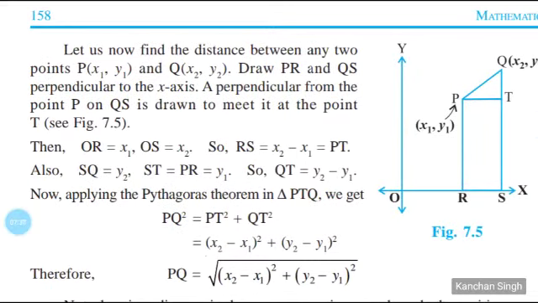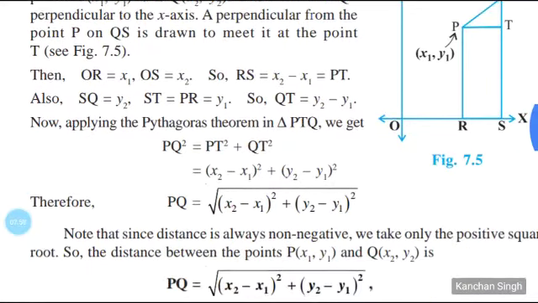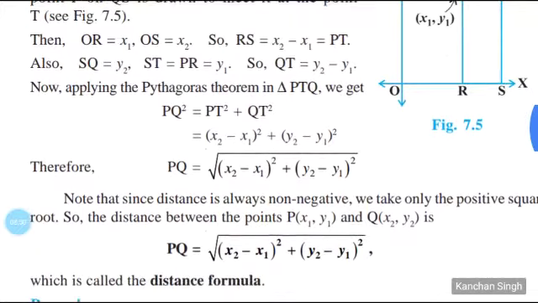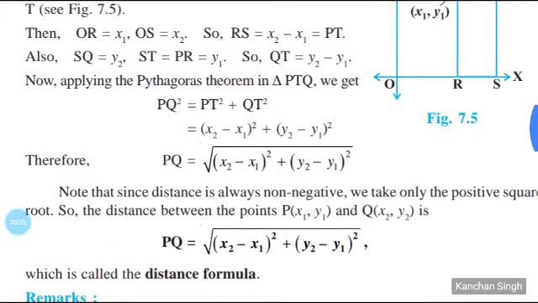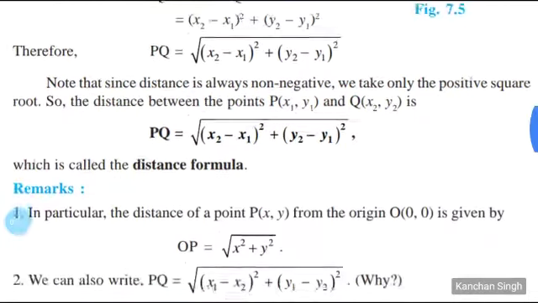We draw PR and QS perpendicular to the x-axis, and after calculating, the distance between the 2 points, D or PQ, is the square root of (x2 minus x1) square plus (y2 minus y1) square. Since the distance is always non-negative, we take only the positive square root. So the distance PQ between (x1, y1) and (x2, y2) is the square root of (x2 minus x1) square plus (y2 minus y1) square.